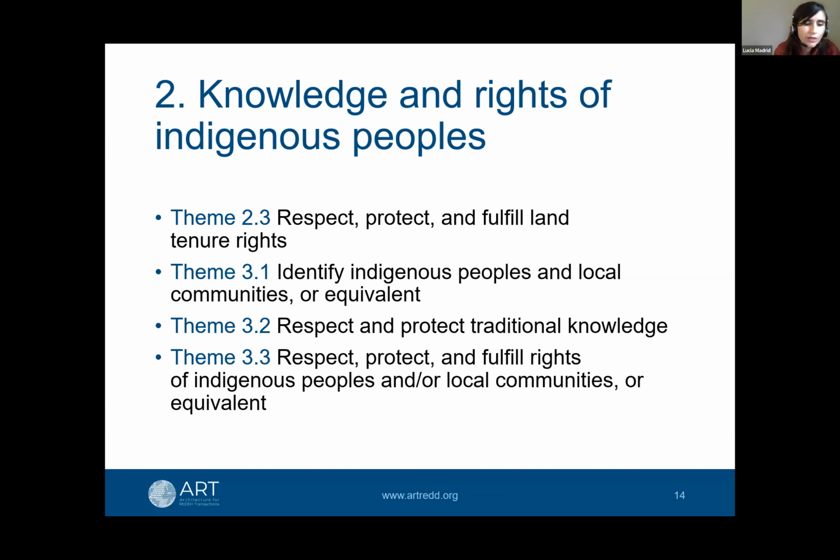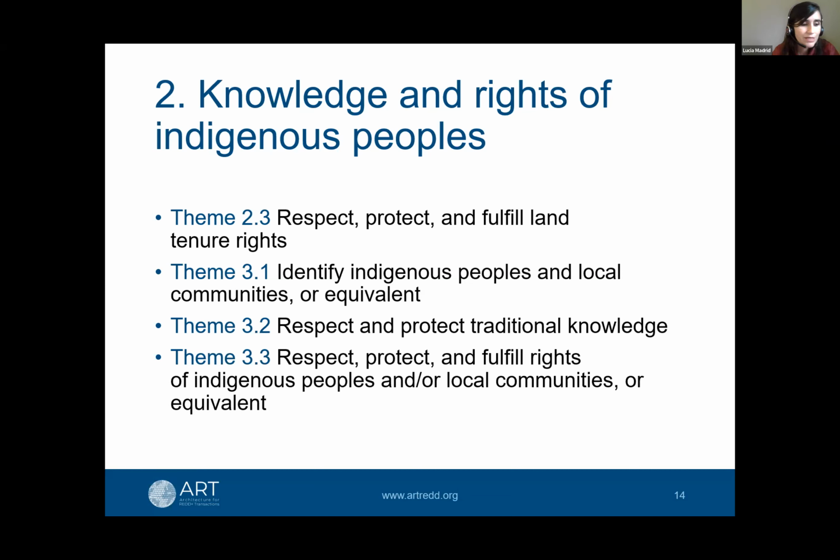For its importance, I would like to explain the indicators under theme 2.3 as an example. There, the participant must first describe procedures for the recognition, inventorying, mapping, and securing of customary and statutory land and resource tenure rights, where REDD+ actions are implemented, for the structure indicator.